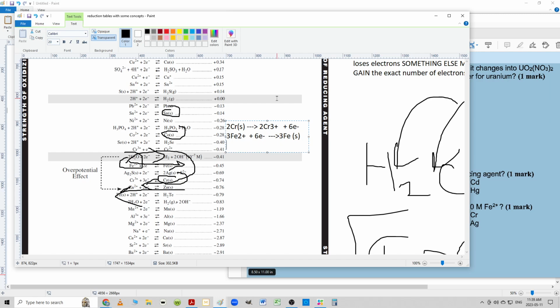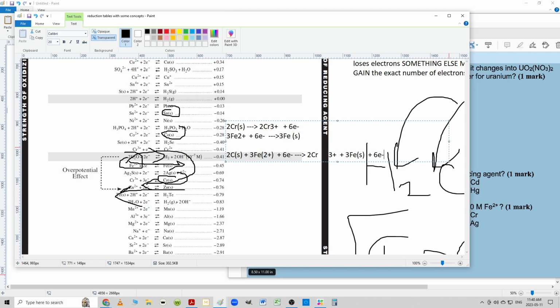When I add up all these things, I get 2Cr on the left side plus 3Fe2+, that would usually be written above, right? Plus 6 electrons. And then I'd have the products on the other side. And I get 2Cr3+, and then I'd get plus 3Fe solid, plus 6 electrons.